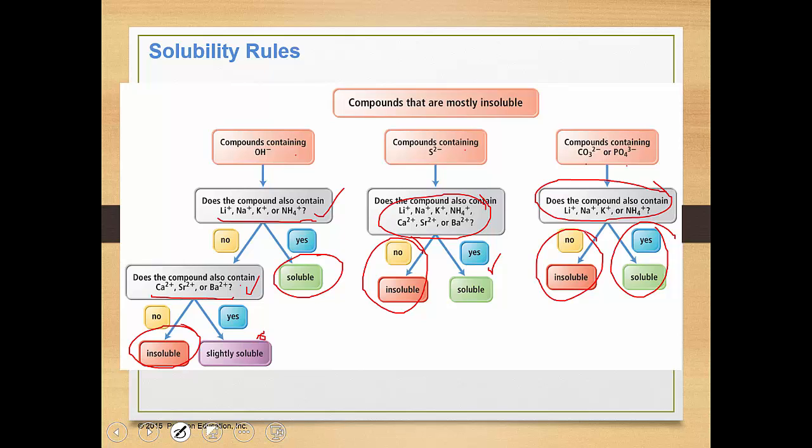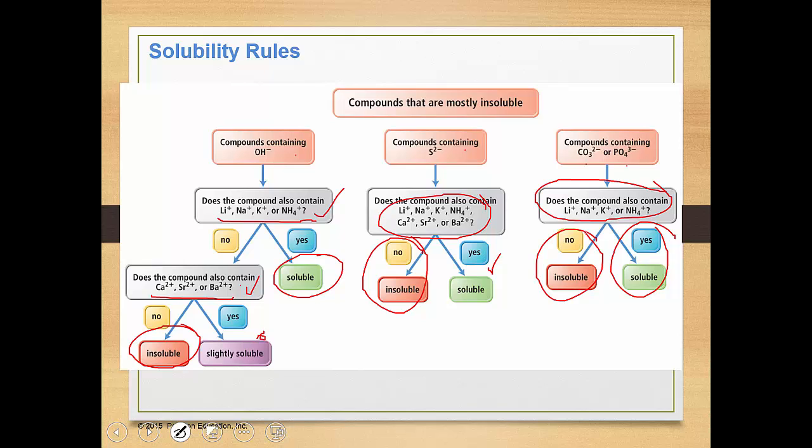Eventually you'll need to know some of the more common compounds. It's good to know that those group 1A, lithium, sodium, potassium, ammonium, are always soluble. Good to know that nitrates are always soluble, things like that. But otherwise, at this point, it's more important for you to know how to read this flowchart and use that to interpret solubility or insolubility than it is to memorize these flowcharts.